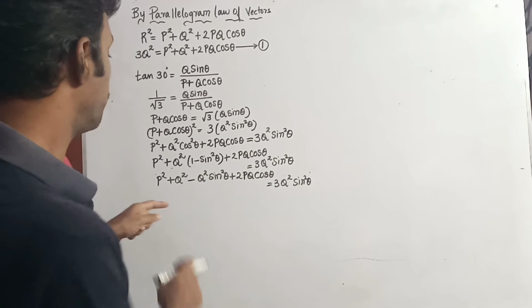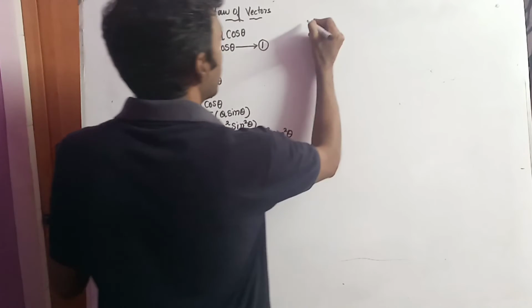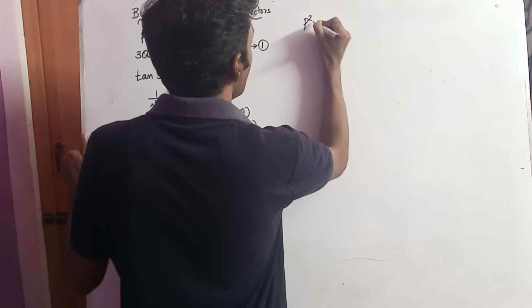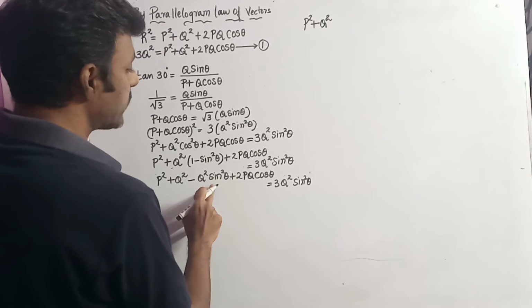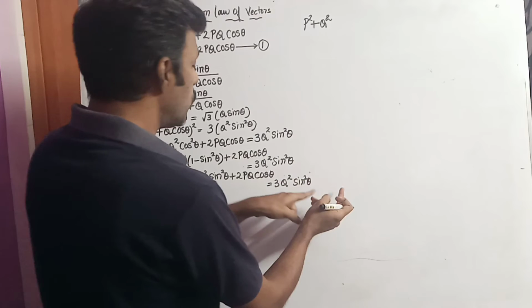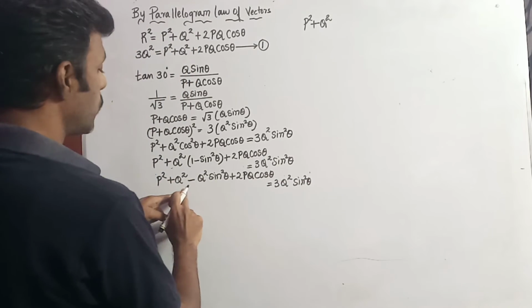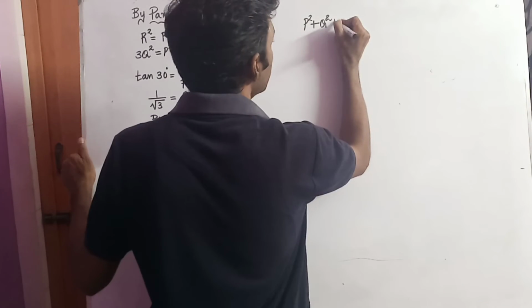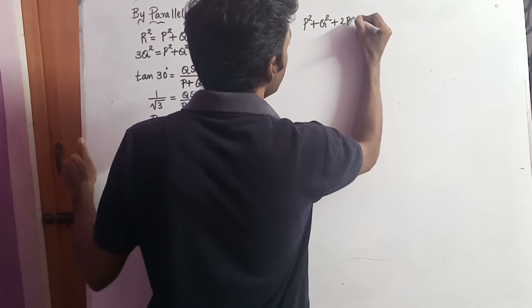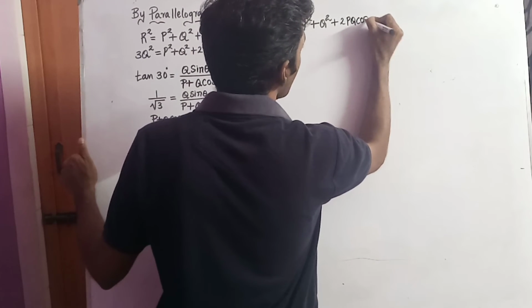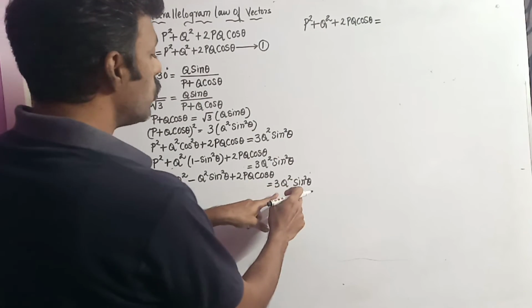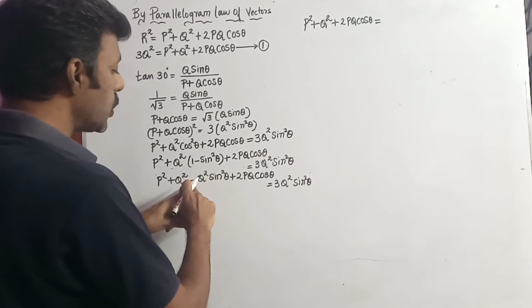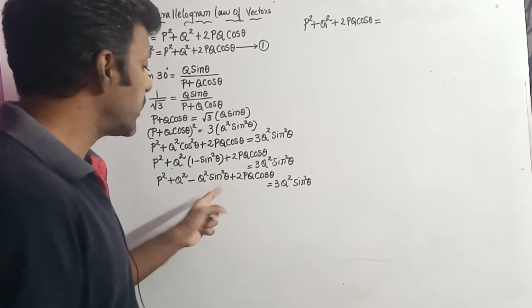So it will be p squared plus q squared minus q squared sin square theta plus 2 pq cos theta. I'm going to take the sin term to the other side. So p squared plus q squared plus 2 pq cos theta is equal to 3q squared sin square theta minus q squared sin square theta.